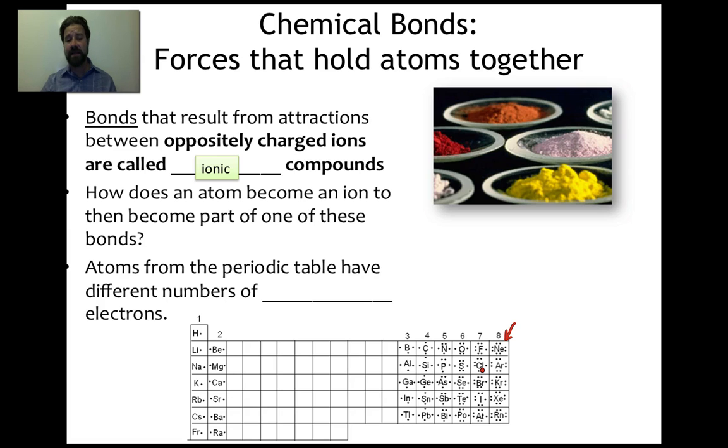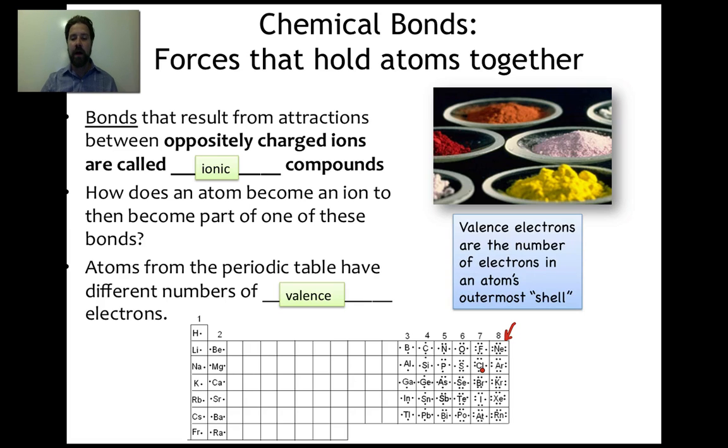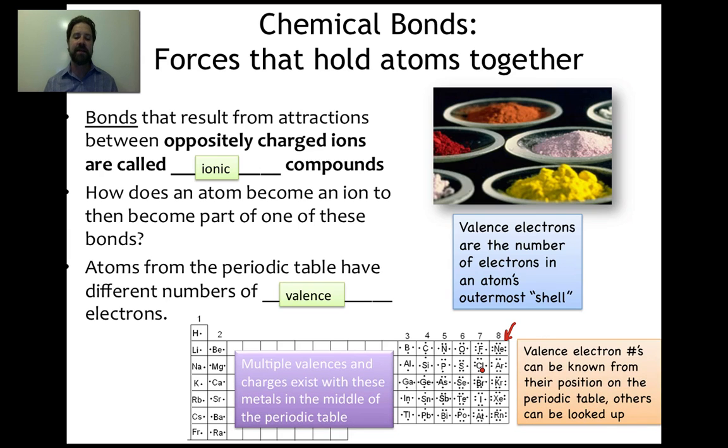So what we can say is that atoms from the periodic table have different number of valence electrons. Each group has their own particular number. And in the center of the periodic table, what we're going to find is that these here have multiple charges, or oxidation states, they're often called. Our bottom line is that valence electrons are the ones that deal in bonding.